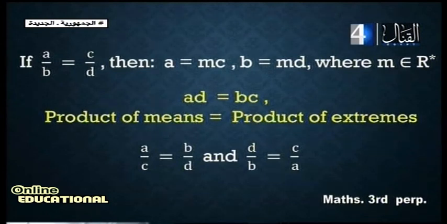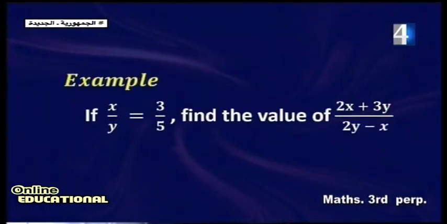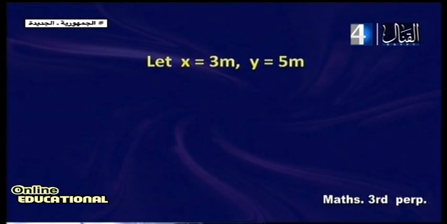Then let us have an example. If x over y equals 3 over 5, find the value of (2x plus 3y) over (2y minus x). Now we are going to let x equals 3m and y equals 5m.